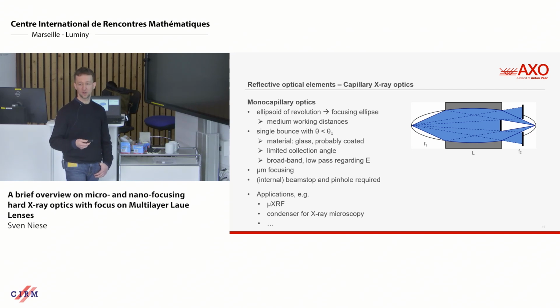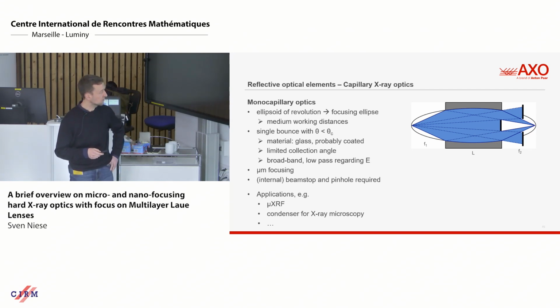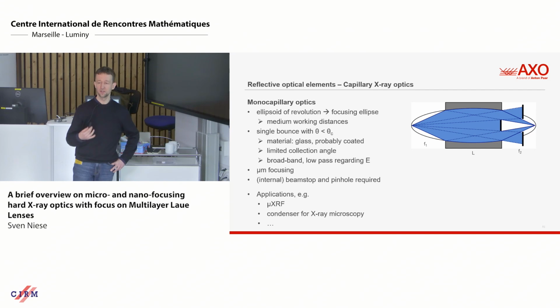They are typically made of glass that you can heat, then squeeze until it gets the desired shape. And glass is nice because the natural surface roughness is very smooth, which is the smoothness that we need for the X-rays. But in the end, you do have a limited collection angle.